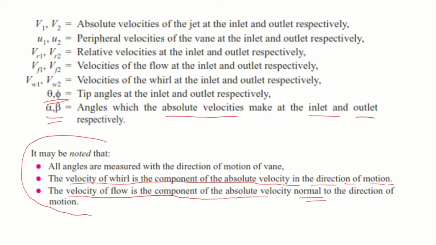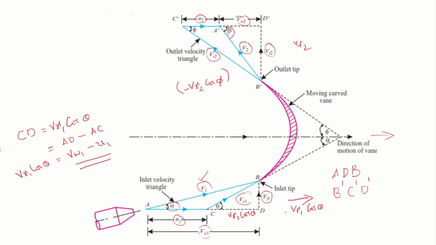For VR2 cos phi, the x component of VR2 cos phi is actually C dash D dash. C dash D dash is equal to C dash A dash plus A dash D dash. C dash A dash is equal to U2 plus VW2.